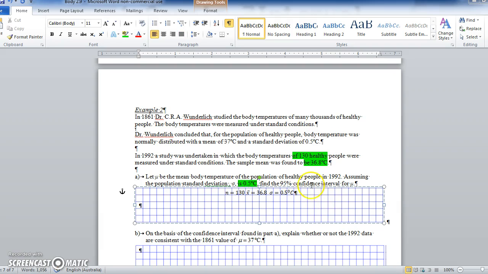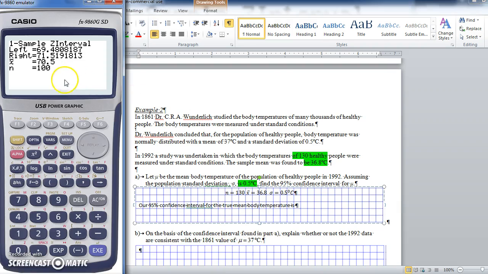Okay, and so then what I'm going to do to find the confidence interval, really should put 95% confidence interval for the true mean body temperature is, and then I'm going to go to the calculator and find it out.